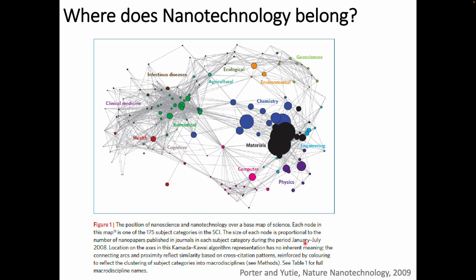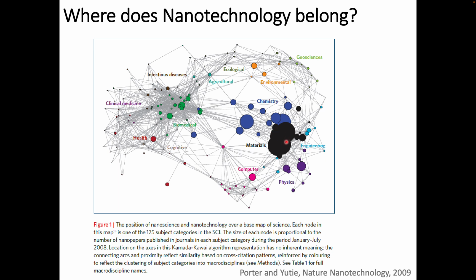So this is data from 2009. It shows how many papers were published in various categories. If you look at it, the nanotechnology-related papers are spread everywhere, right?